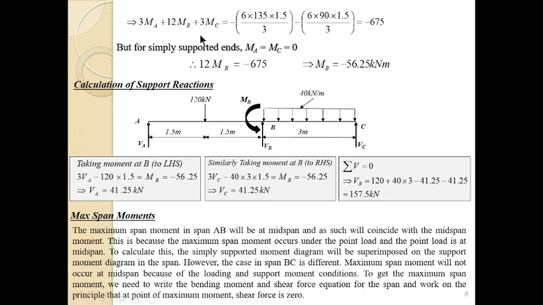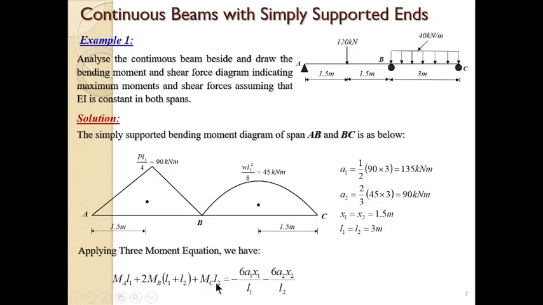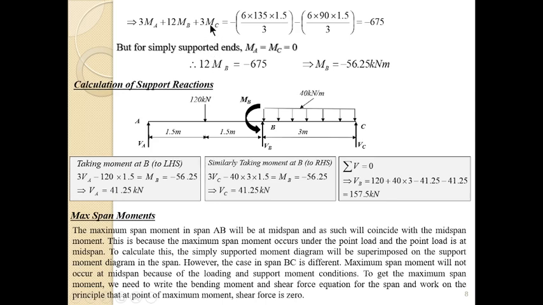And for this place it is M_C L2, L2 is 3, so that's why we have 3 here. So this is minus 6 times A1 times x1 over L1 minus 6 times A2 times x2 over L2. When you work out the whole of this, it gives us minus 675.